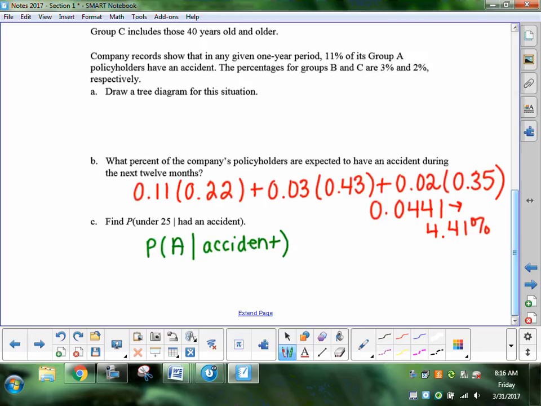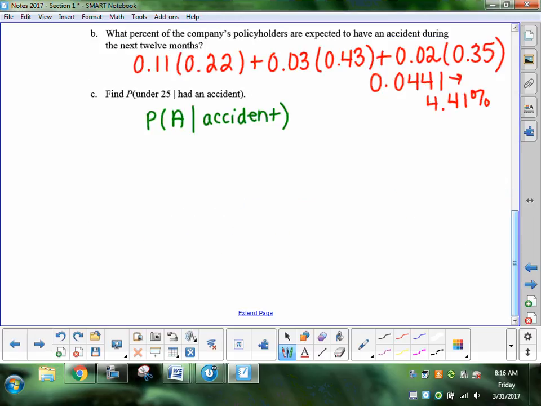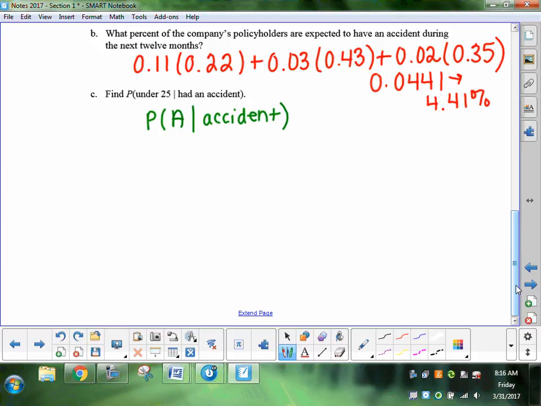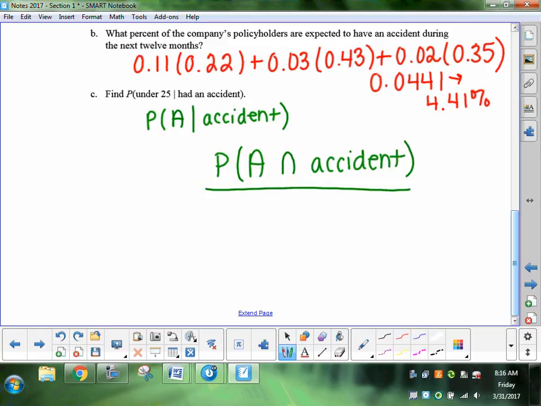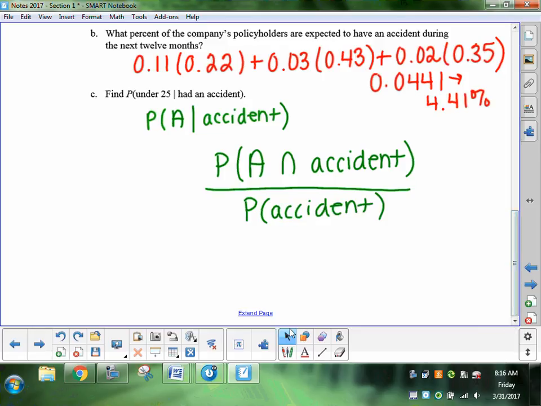Looking at this, how would you figure out the numerator? You need the probability of being in A and having an accident over the probability overall that the person had an accident.